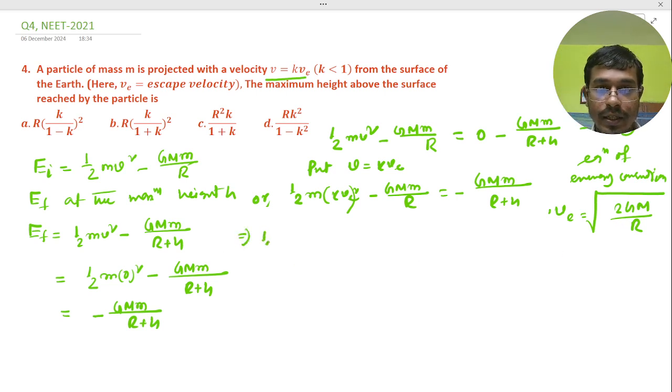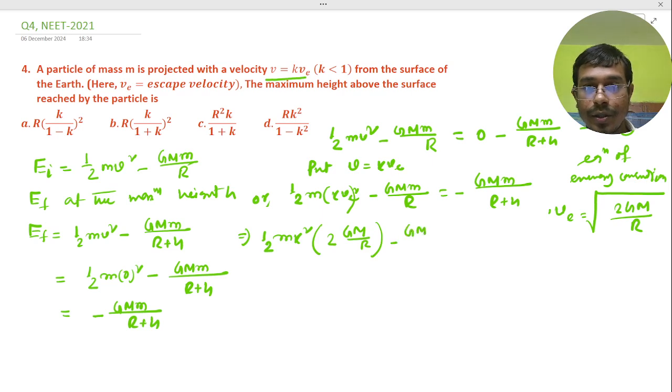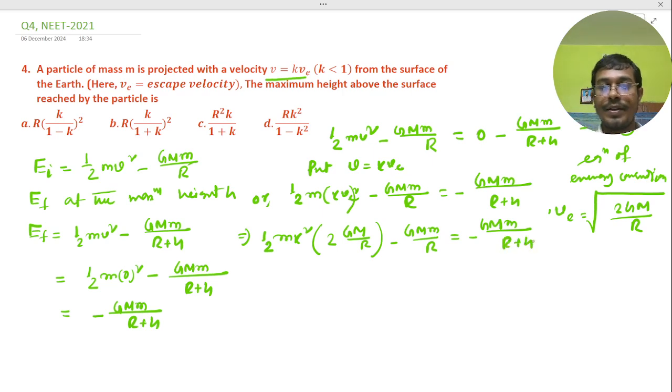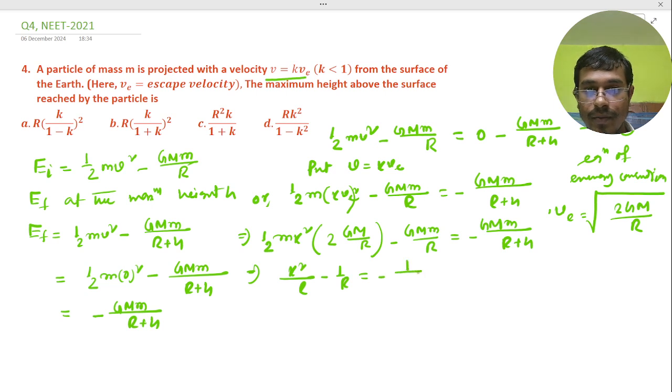So basically half m k square common, put this value of escape velocity squared, 2GM by r. Now GM by r as usual, and you should calculate very carefully, and after that we get k square divided by r minus 1 by r is equal to minus 1 by r plus h.